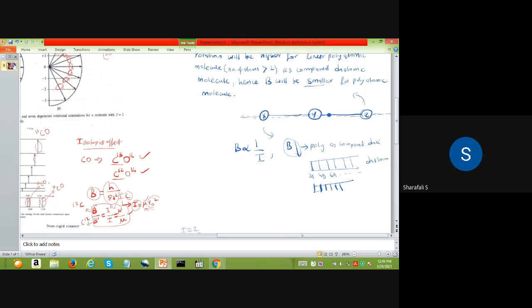They are equispaced because we are considering only the rotational effect here. When you consider only the rotational effect, they will be equispaced, but the B value will be different.